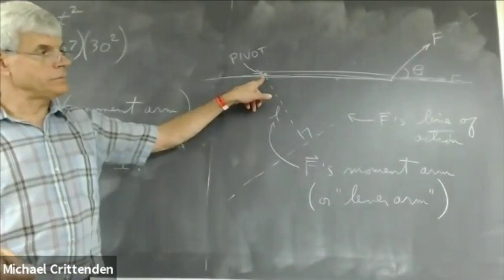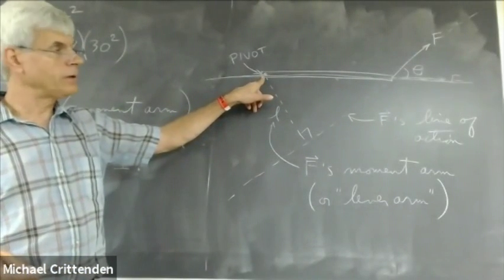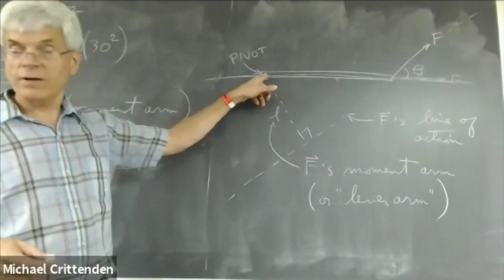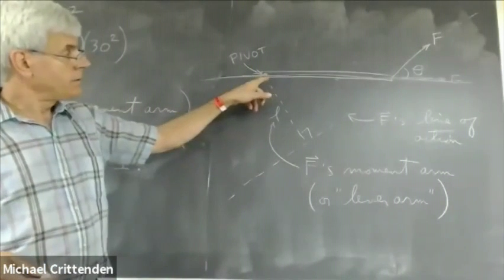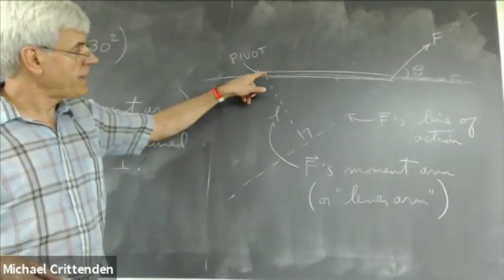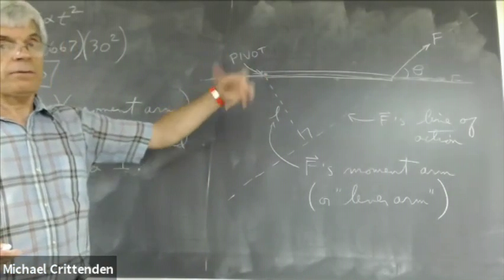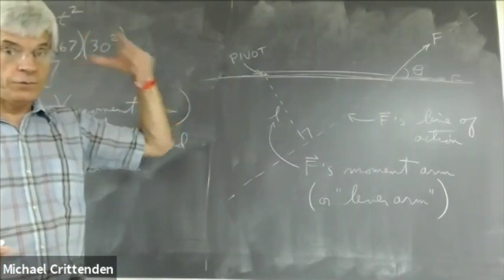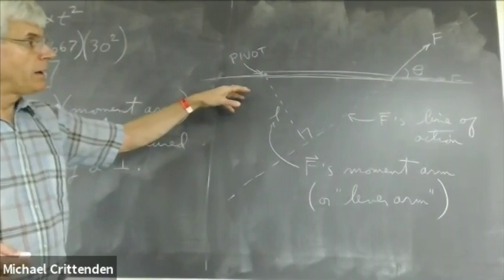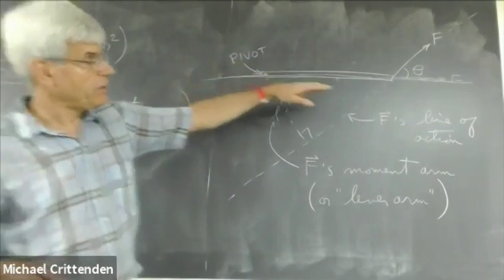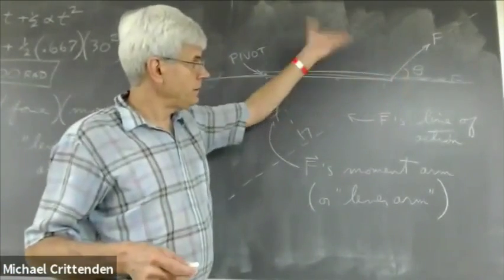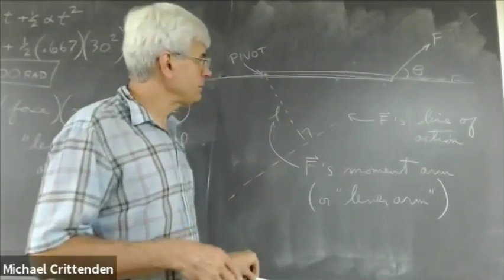So even if I was pulling with 100 pounds, 100 pounds times nothing, nothing being the distance from that point to this line, 100 pounds times nothing is nothing. It produced no torque. And so you get a minimum of torque if theta is 0, and you get a maximum if theta is 90 degrees.